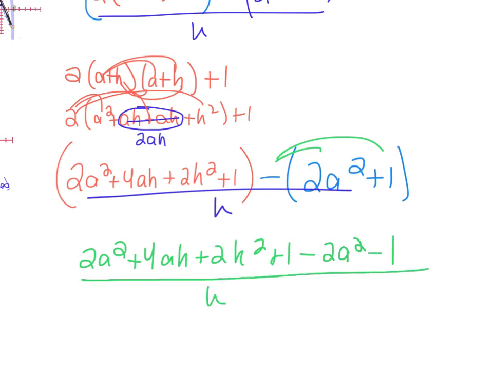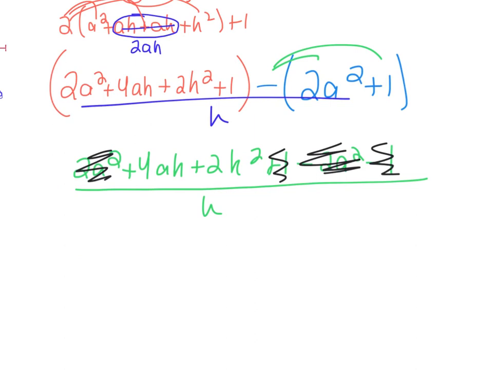All of this is over h. The plus 1 and minus 1 cancel. Christian sees right away, plus 1 and minus 1 cancel out. Good. Does anything else cancel out? The 2a squared and the negative 2a squared. You have 4ah. So I'm left with 4ah plus 2h squared over h.